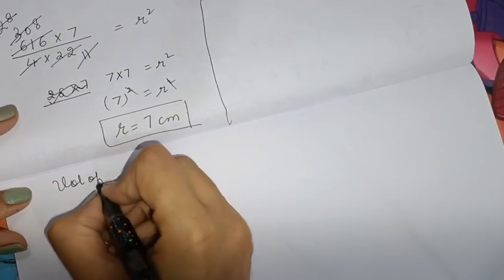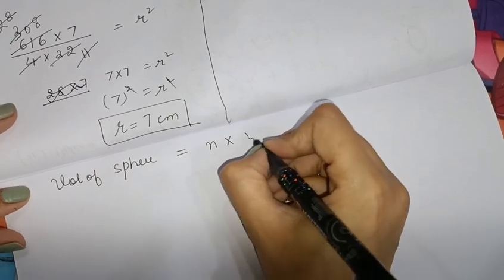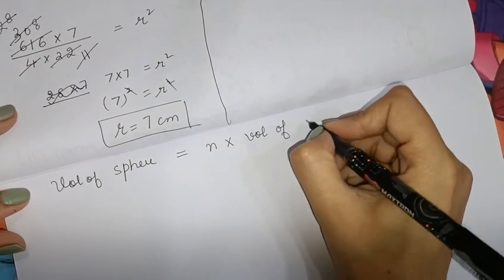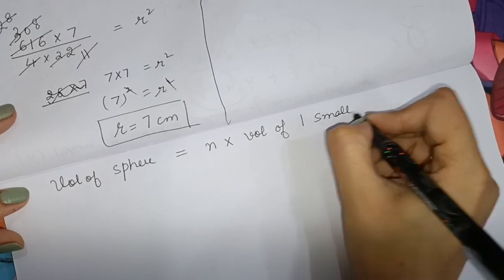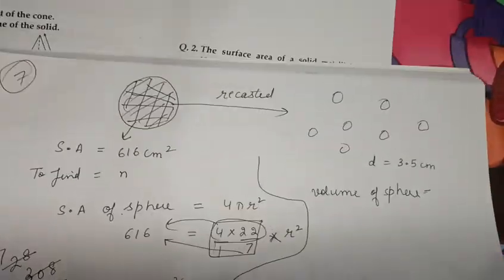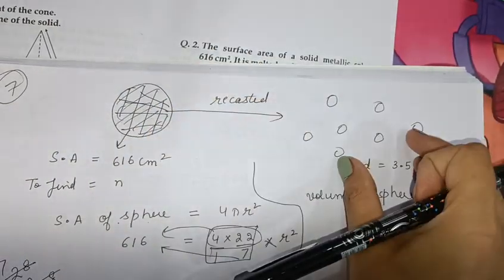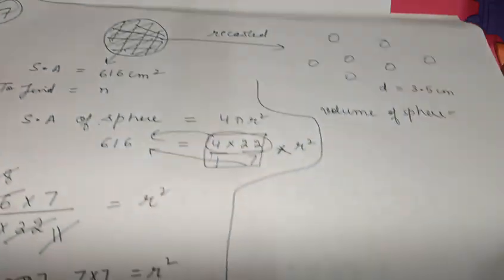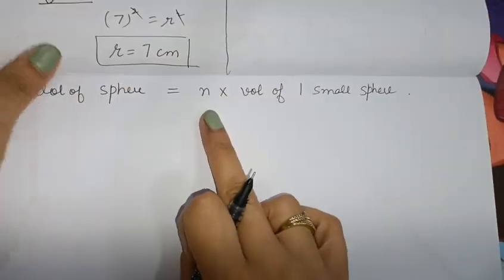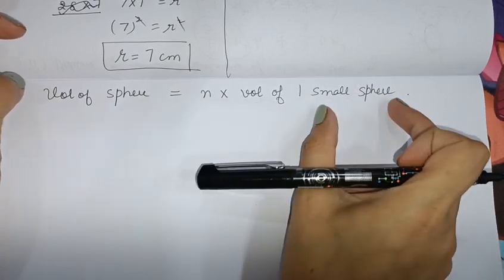Volume of sphere is equal to n into volume of one small sphere. That's what we have done previously also. Because the same material is being utilized here, this volume is equal to this volume. This full volume, because only one sphere is there, is n into one small sphere. Total volume will be n into volume of one small sphere.